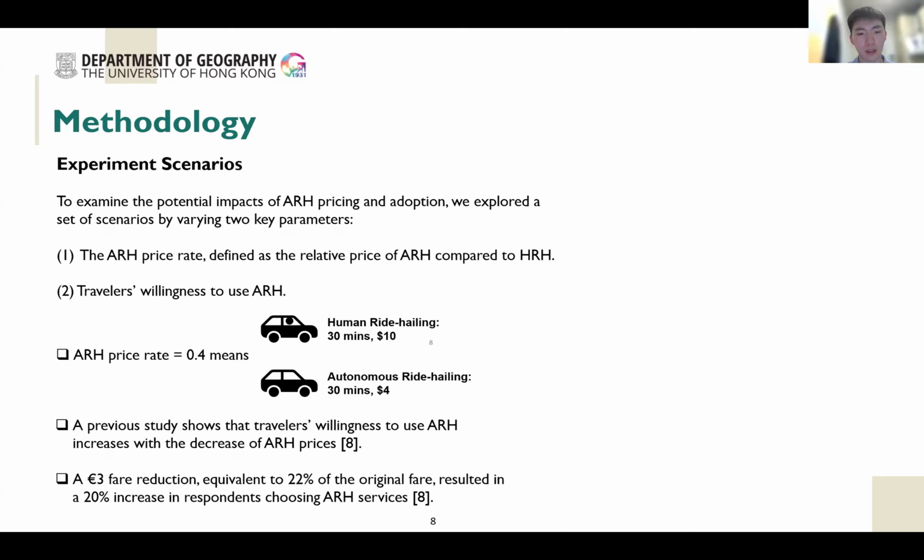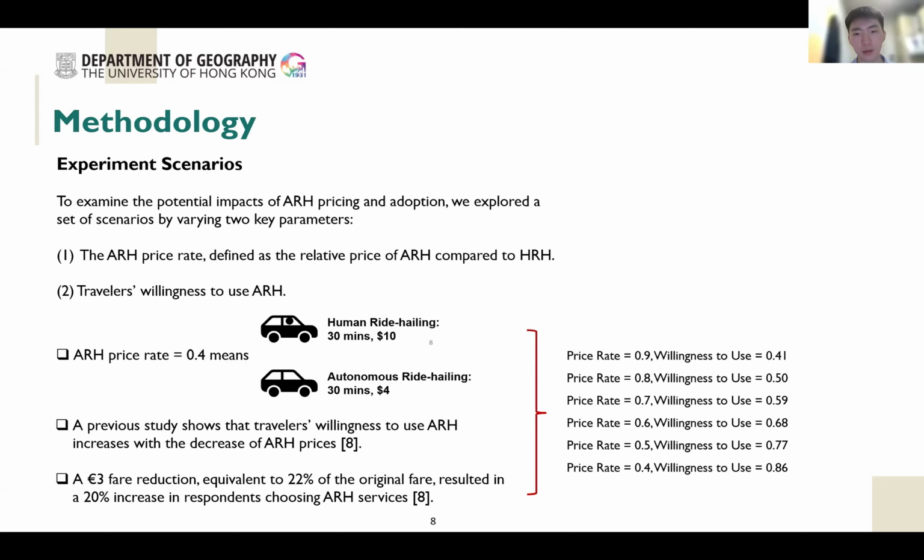So we use this linear relationship to create a set of scenarios for this study. The price rate is varied from 0.9 to 0.4. 0.9 means that the cost saving from the autonomous vehicles is only about 10%. And we also calculated the willingness to use these modes, which varies from 0.41 to 0.86.